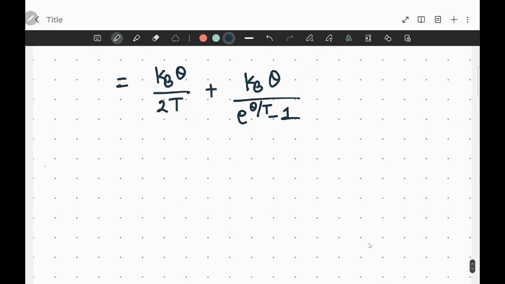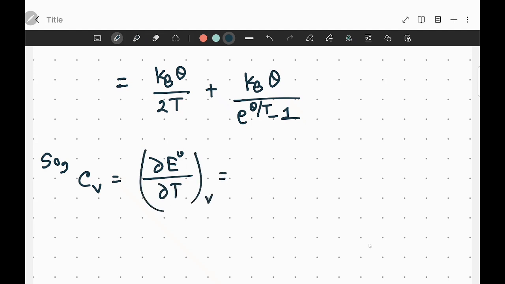So Cv will be del E by del T at constant V. So you have to take the derivative. Okay, so in the first term kb theta is constant, so kb theta is there, and it will be 1 by 2t square, and minus will be there.